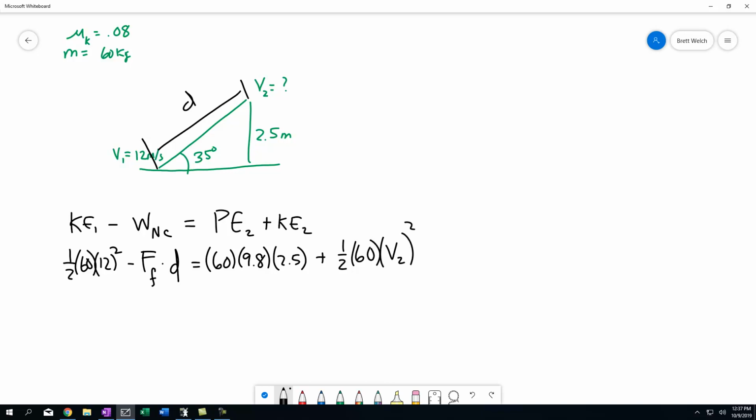So when I look at this, I've got 3 different unknowns. I don't know the final velocity, but that's what I'm looking for, so I'm not going to try to find it by some other method. And then I have this force of friction and the distance traveled.